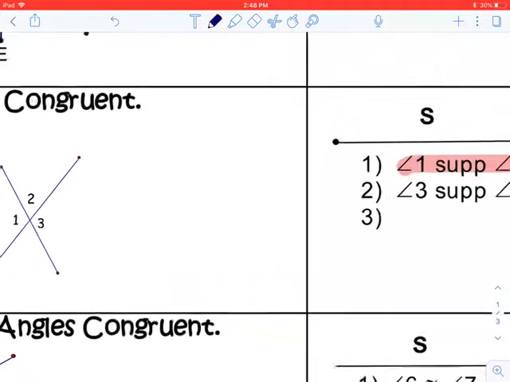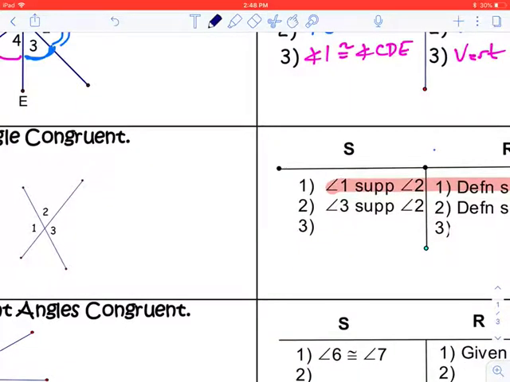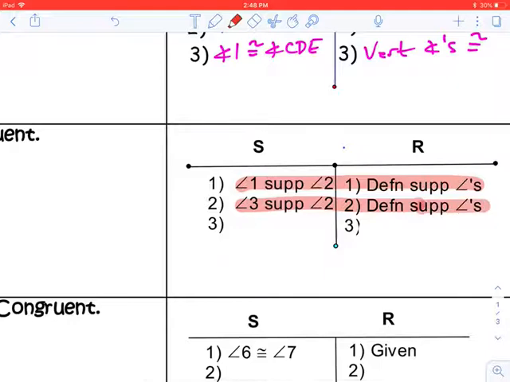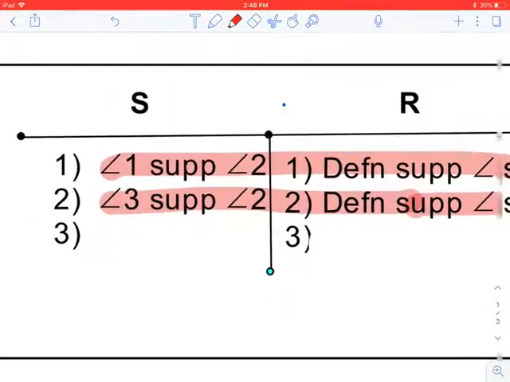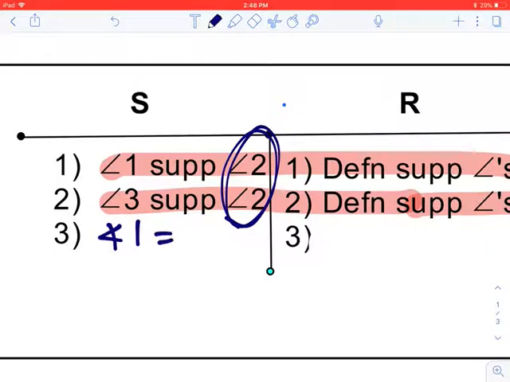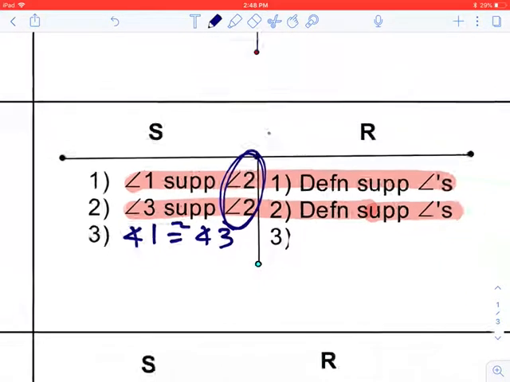So, same thing. 3 and 2 are supplementary by definition of supplementary. So, if they're supplementary to the same angle, then angle 1 and angle 3 have to be congruent. Okay? If they're supplementary to the same angle, they have to be congruent.